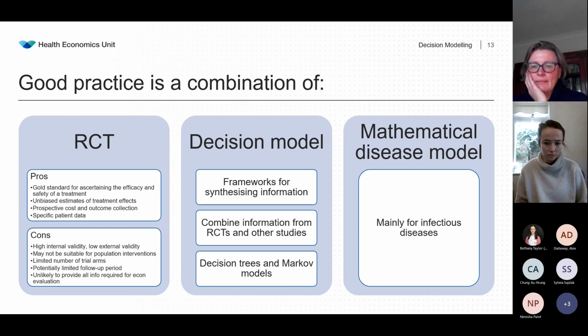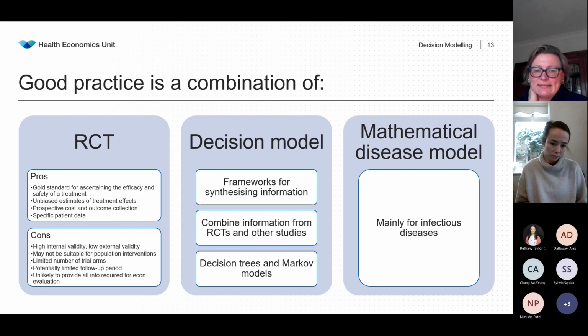So the good practice can be seen as both an RCT, a decision model, and mathematical disease models. As I mentioned, RCTs have advantages and disadvantages. While being the gold standard and providing unbiased estimates, there are limitations.